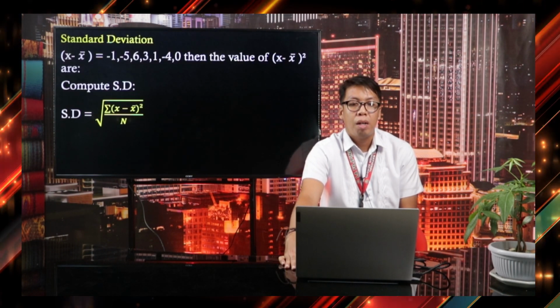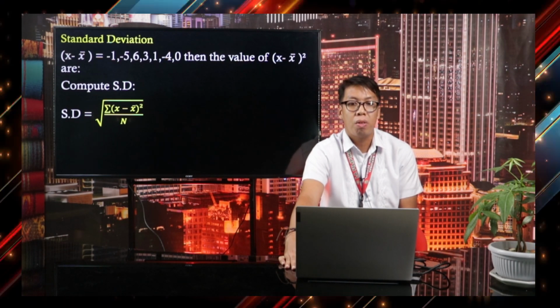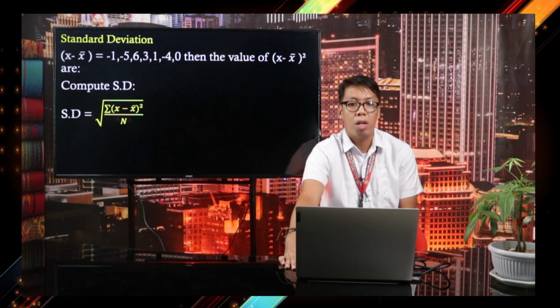So we have x minus mean is equal to negative 1, negative 5, 6, 3, 1, negative 4, 0.